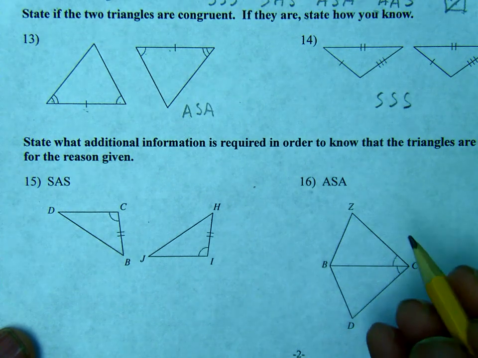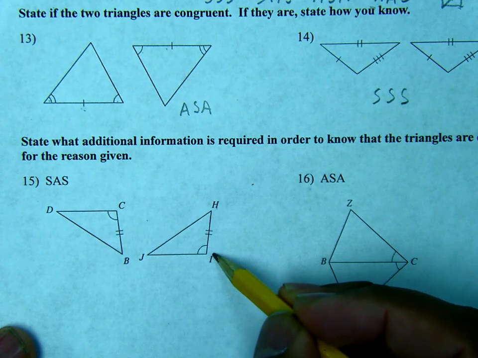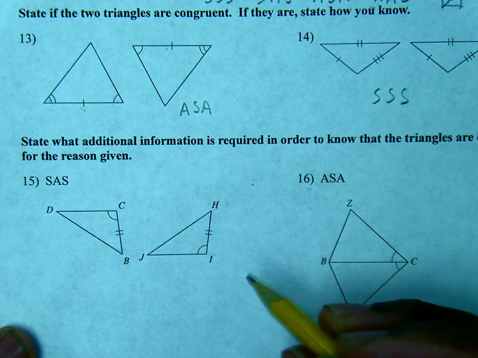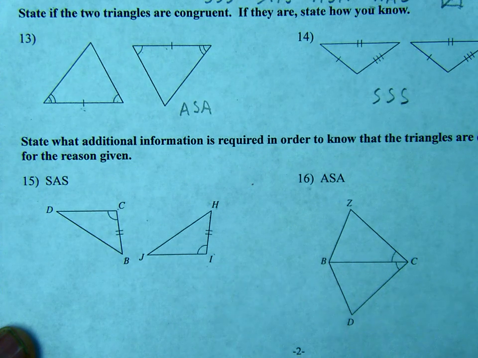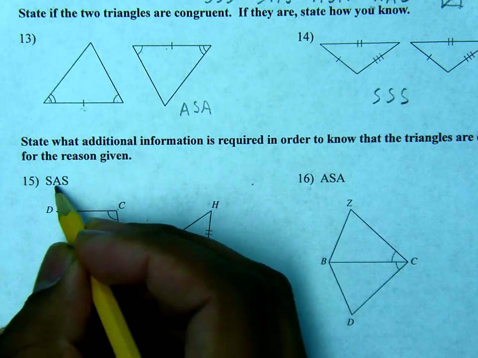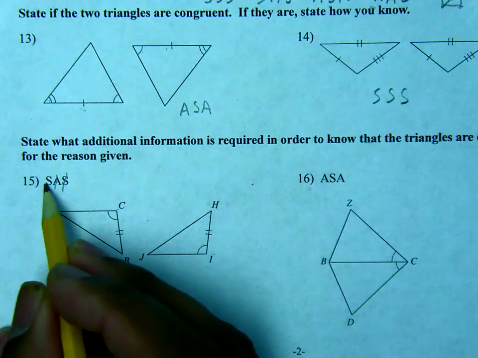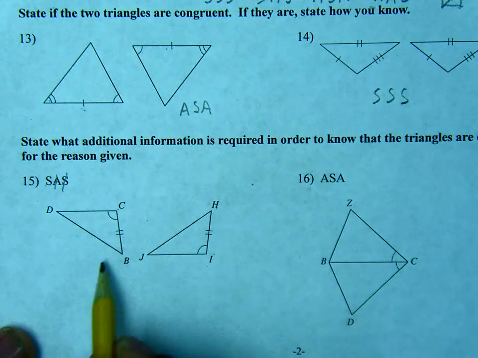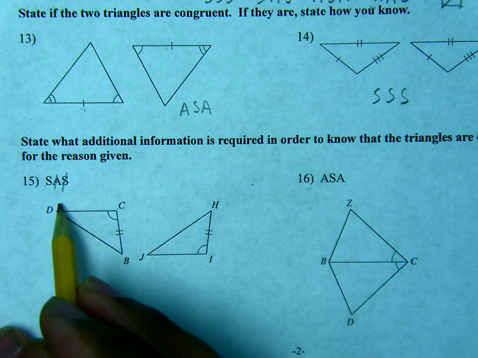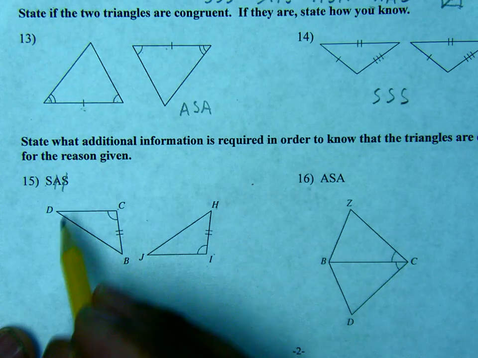So we look to see what we have, and we've got this side CB and HI, and we have angle C and I. So since we have an angle and a side, we can mark those out, and we know that we're looking for a side, but it has to come right after the angle or right before. So we've got two sides to pick from.